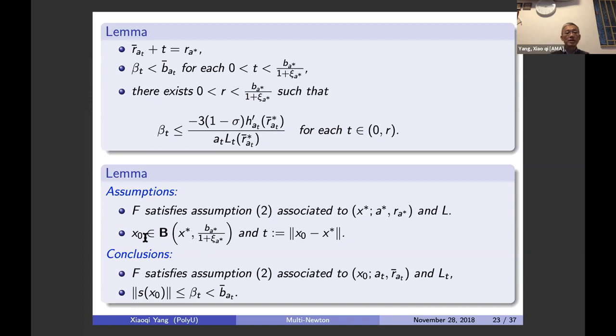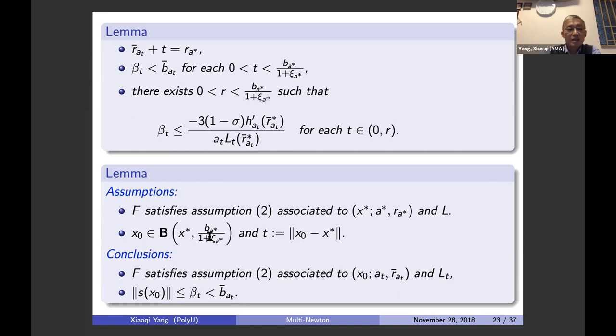As long as the initial point x0 is chosen within this ball, we can guarantee that the sequence xn converges to a Pareto solution.